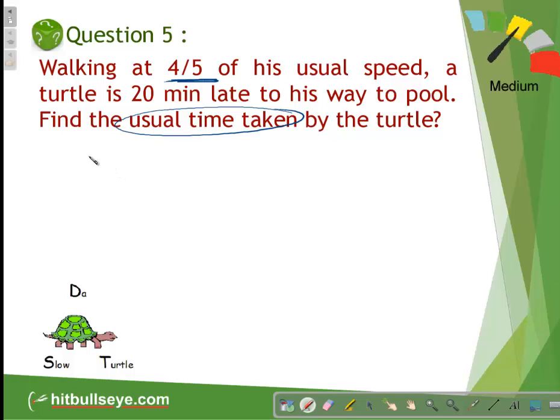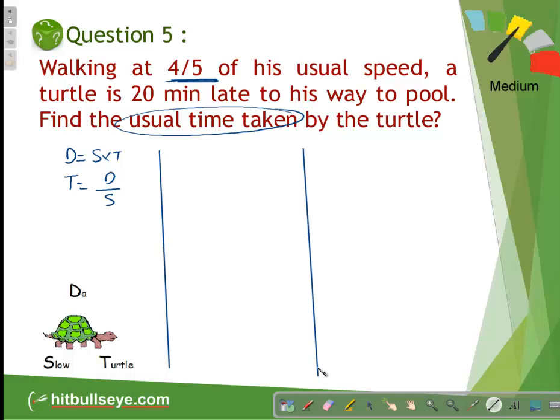As students, we are already aware distance is equal to speed into time, or you can say time is equal to d upon s. Time equal to d by s. Now in the question it is given, walking at 4/5 of his usual speed.